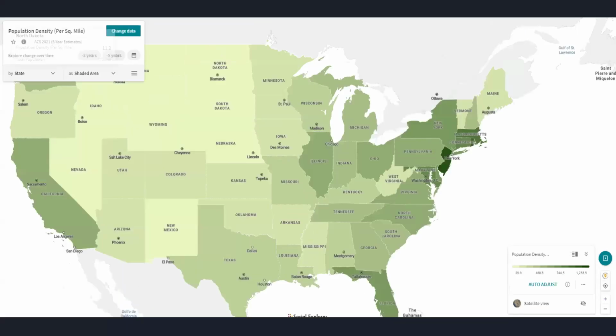The second map we're going to look at is the population density, and this is where we look at how many people are residing in these states. As you can see, New York is still high. Florida is still shaded darker, at more than, I would say, 744.5 per square mile.